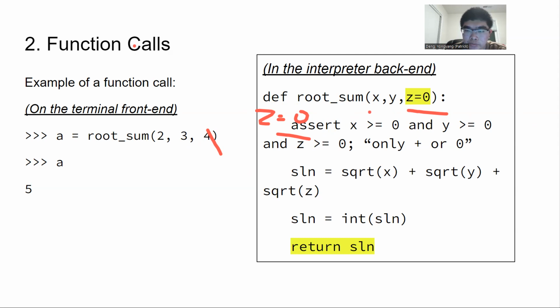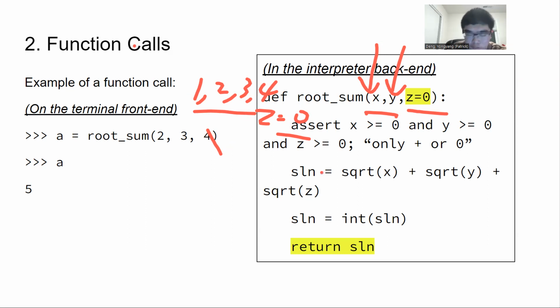But if you don't input the data for x or y, it will return an error, because you have to pass a certain number of values into the function, but you didn't reach the number, or maybe you exceeded the number. If you input 1, 2, 3, 4, there's obviously not enough space, so it will also return an error.